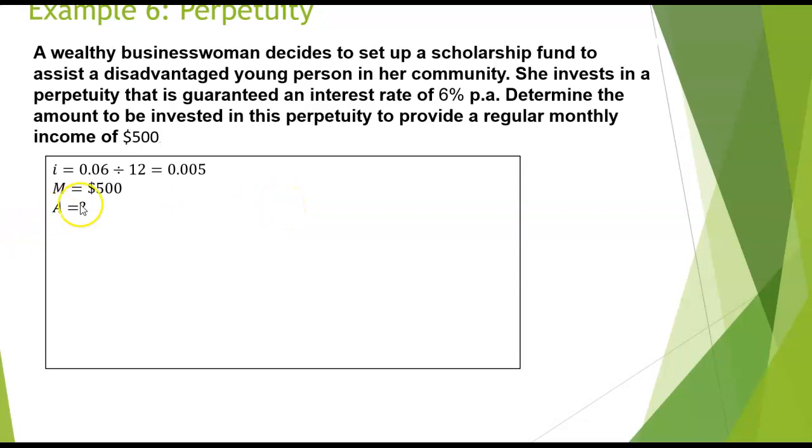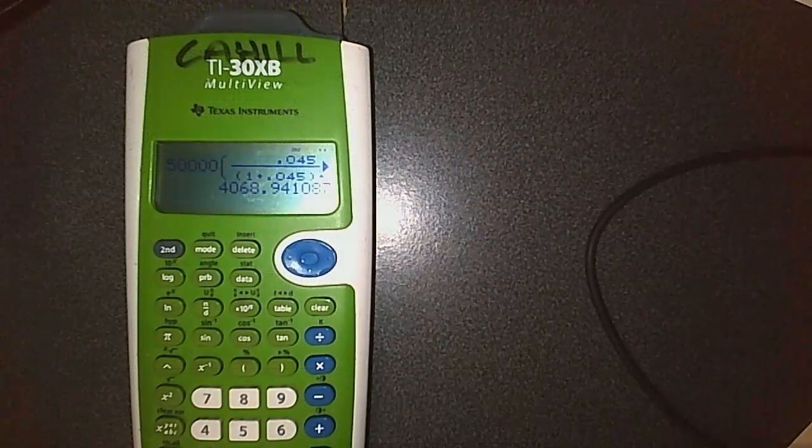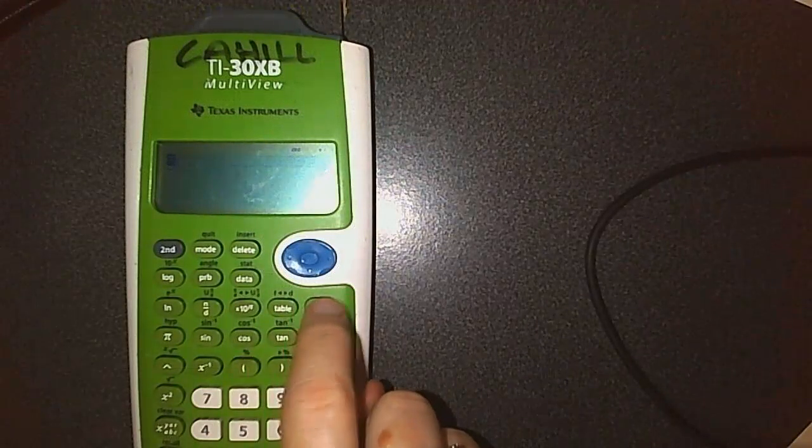We need to know how much we're going to invest into this scholarship. So here's our formula. We substitute into our formula. So 500 divided by 0.005. So get out my trusty calculator, clear the data there.